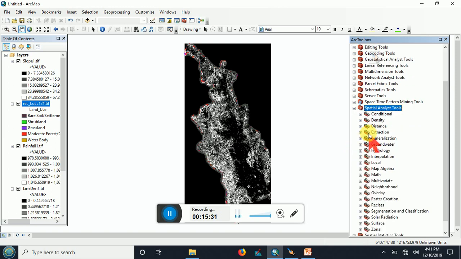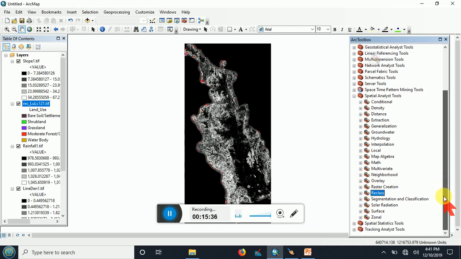Expand it and go down until you see the tool Reclass. I will show you why we have to reclassify again, because our aim is to do this overlay analysis. In overlay analysis, unless you reclassify it in real, it will not show up. That's why we need to have a reclassification.